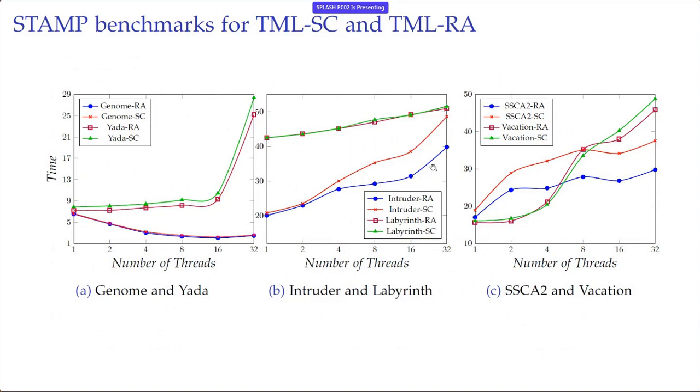We get improvements for free just because we're using release acquire. And here's another benchmark where the red one is the SC version, and the blue one is the release acquire version. Again, we're beating the SC version for free just by changing the atomics that we're using, which is quite nice.